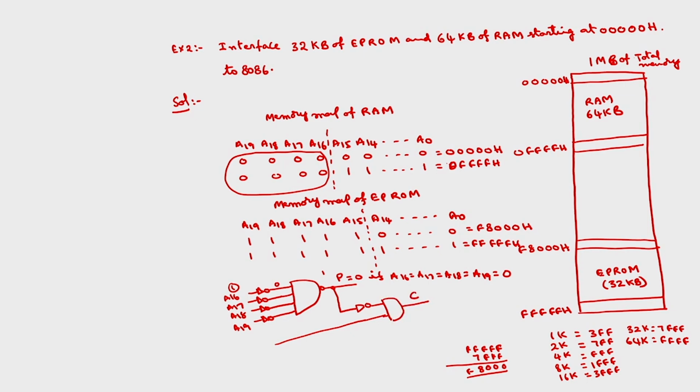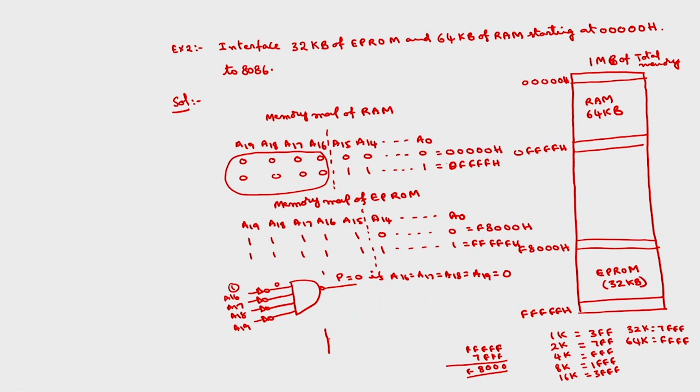If I call this as C, from a NAND gate, when C is equal to 0, if A15 to A19 are all ones. Otherwise I will generate this C separately, instead of generating from P, in a similar manner.